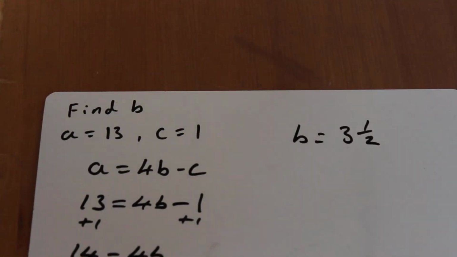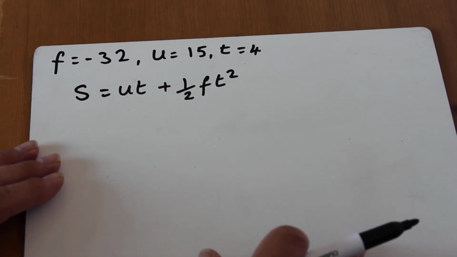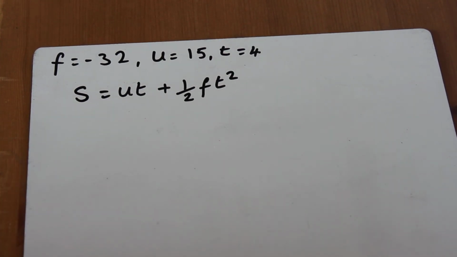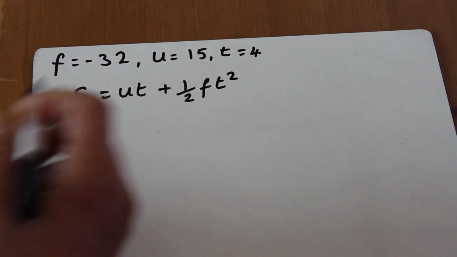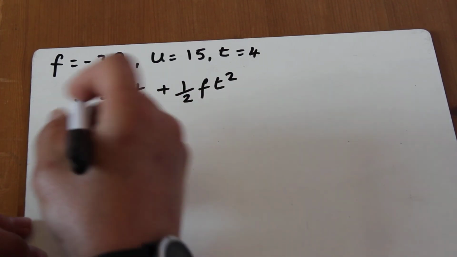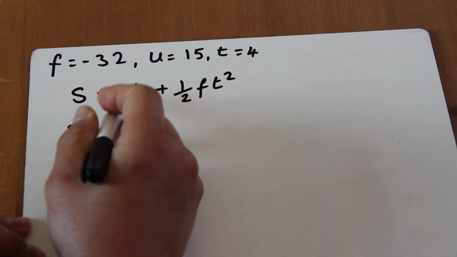Okay, then if we move on to the next one. This one's slightly more complicated because the numbers are slightly larger, but you follow exactly the same idea. This one, we don't have any rearranging to do. It's a straightforward finding the value of S. So S is equal to UT plus a half F T squared.